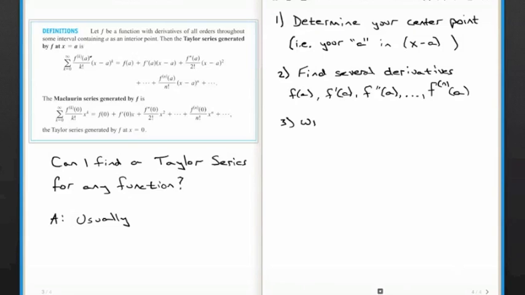Then what we do is write out the first few terms.